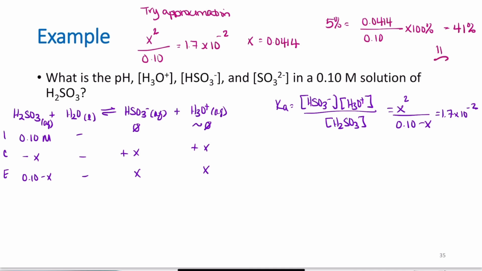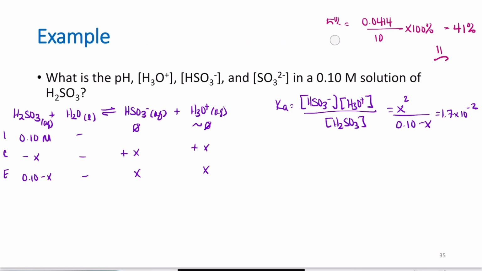I do have to use the quadratic formula for this, which I don't personally enjoy doing because I always have to remember it. But when you solve it by the quadratic, you get two x values, always.